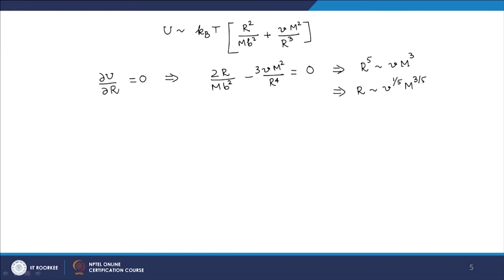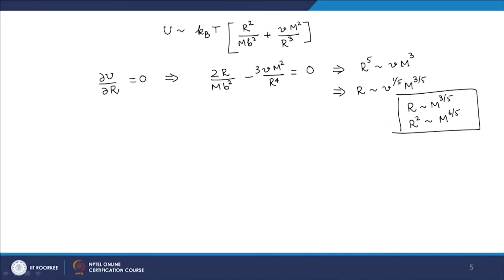Okay. So, this is the scaling we have been after, or we can say r square goes like m to the power 6 by 5. If I compare that to ideal chain, it was r square going like m. In this case, we get a higher power, meaning that the chain will be more stressed compared to the ideal chain. Okay. So, this is what we have got for the good solvent case.